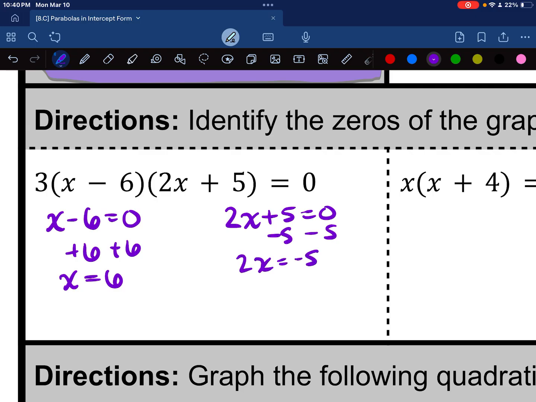So I subtracted to remove the addition, divided by 2 to get rid of the multiplication. Now, sometimes we're good with just saying x equals blah. Or if it specifically asks for an x-intercept, you have to write it as an ordered pair. So look at your phrasing. This is asking for a 0, so you could just say x equals blah.